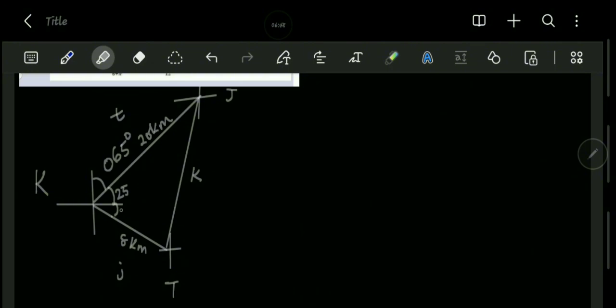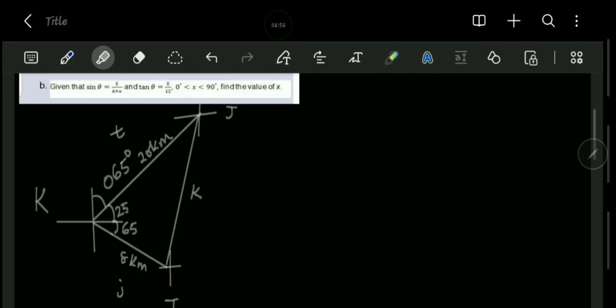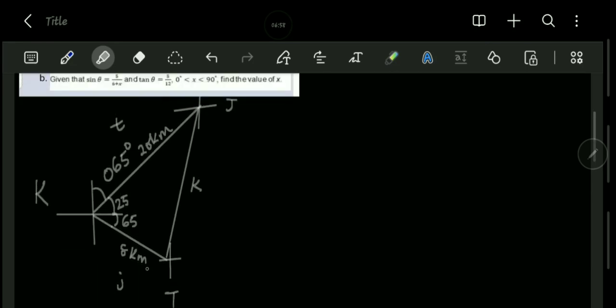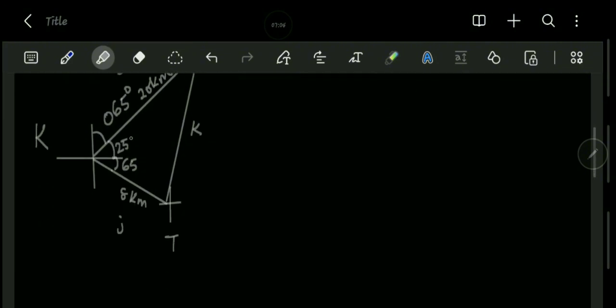That should be 65. So if you add 65 plus 25 plus 65, it should give you 155, which is the bearing of T from K in the question.